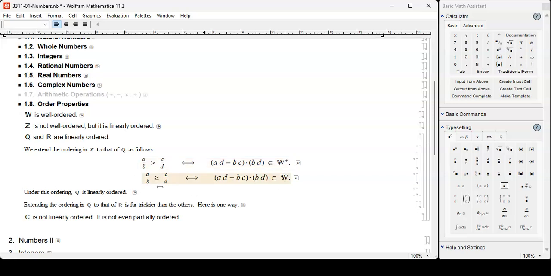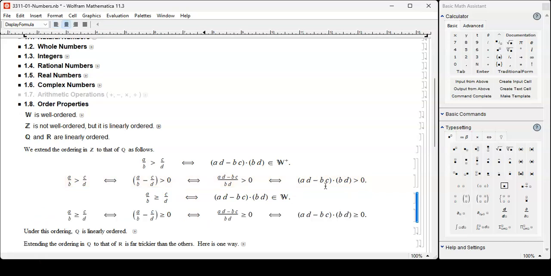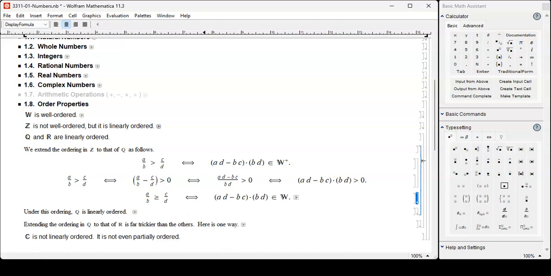And then greater than or equal. In that case, 0 is a possibility, so the entire whole numbers, here positive whole numbers only. And the basic idea is that you subtract one from the other, and then that fraction is greater than 0, and that means that the multiplication is positive. Same goes for non-negative.